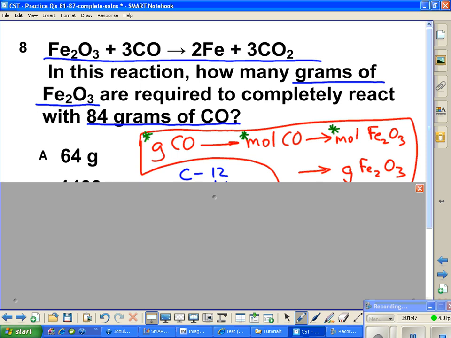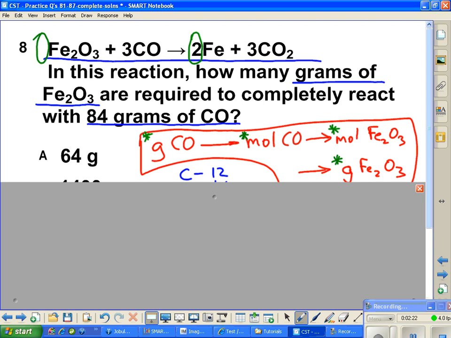The mole ratio is contained in the balanced equation, and that ratio will be the coefficient of iron 3 oxide and the coefficient of carbon monoxide. Iron 3 oxide, or rust, you can call it rust, that's what it is. And once we get the moles of iron 3 oxide, we're going to change that to grams using the molar mass.